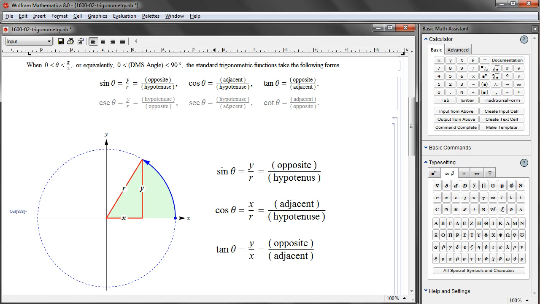And tangent of theta is y over x, opposite over adjacent. There are three more trigonometric ratios, cosecant, secant, and cotangent, but they are less important because they are reciprocals of sine, cosine, and tangent respectively. Hypotenuse over opposite, hypotenuse over adjacent, adjacent over opposite respectively.